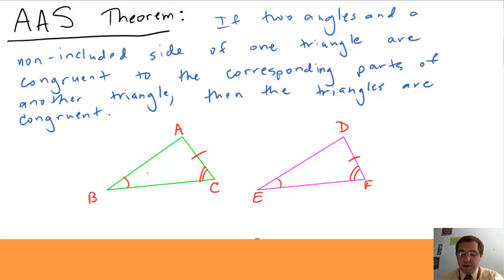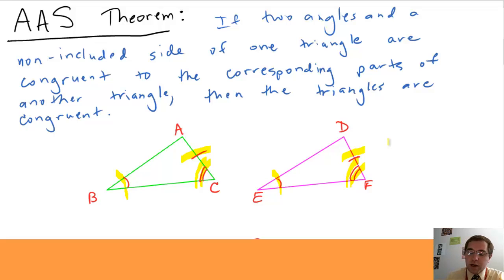So in triangle ABC, I know angle B is congruent to angle E of triangle DEF. And angle C is congruent to angle F, and side AC is congruent to side DF. So I have 1 pair of angles, a second pair of angles, and 1 pair of sides, and that pair of sides does not have to be included, meaning between those 2 pairs of angles.